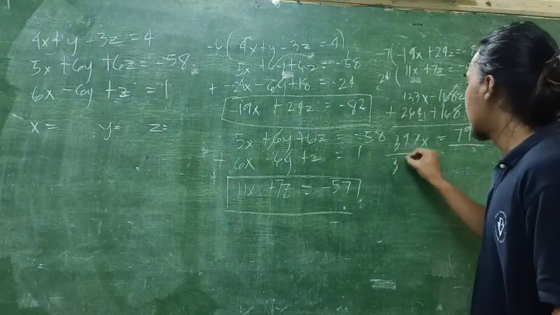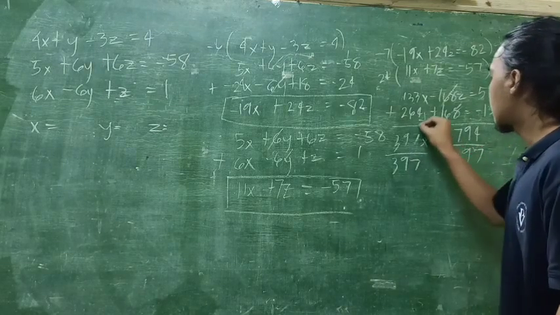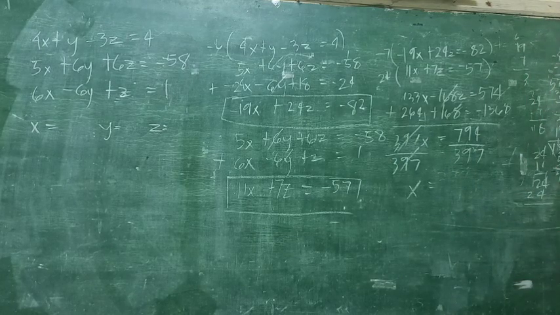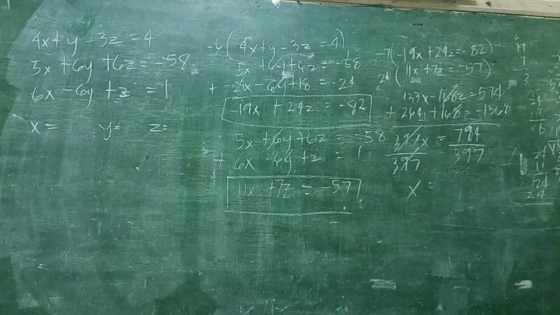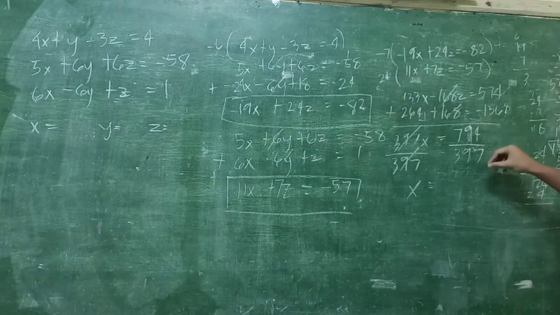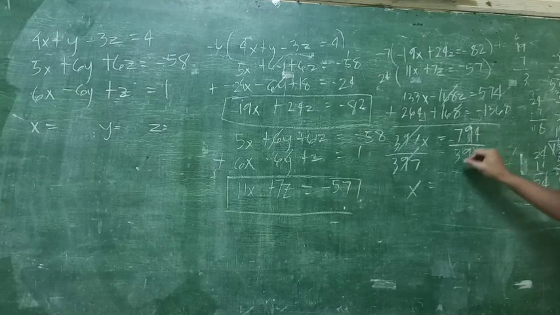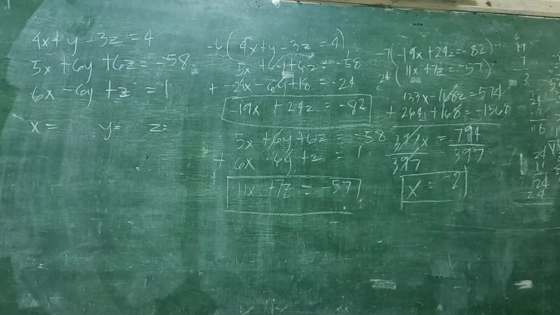Divide both sides by 397 for us to find the value of x. 794 divided by 397 is negative 2. So we have x as negative 2.